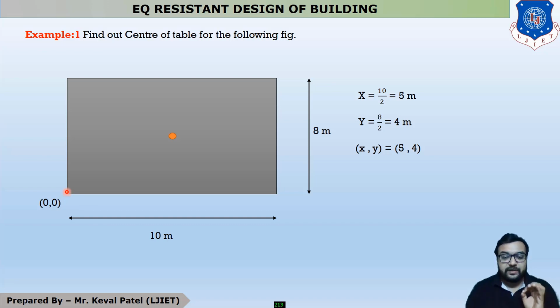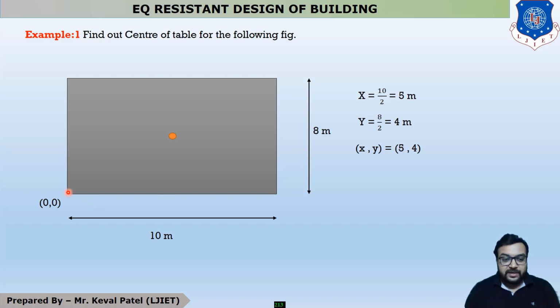So what is the value of XM? XM means center of mass in X direction. Whenever your system has a uniform distribution, your center of mass is at the exact center point. This length is 10 meter in X direction, so your center of mass is at 10 by 2, which is 5 meter.